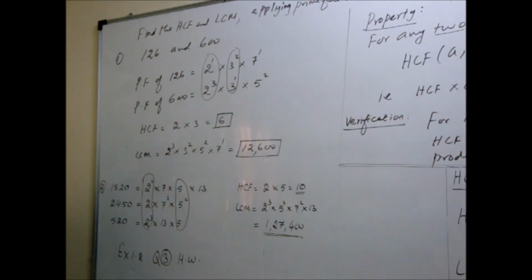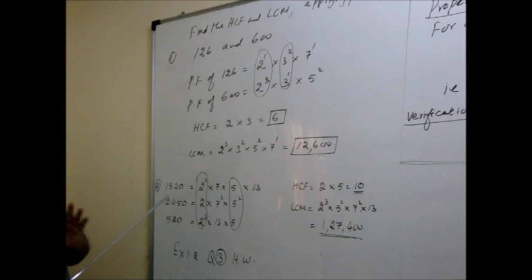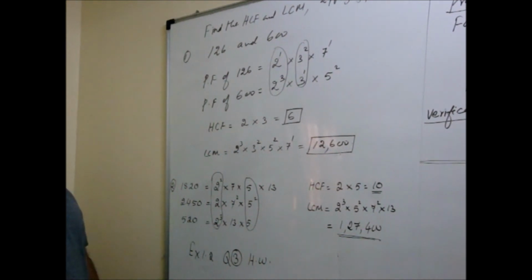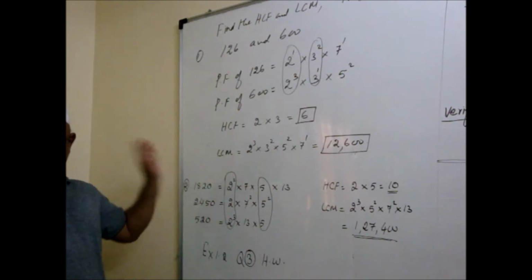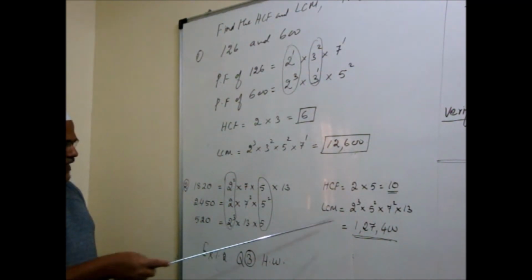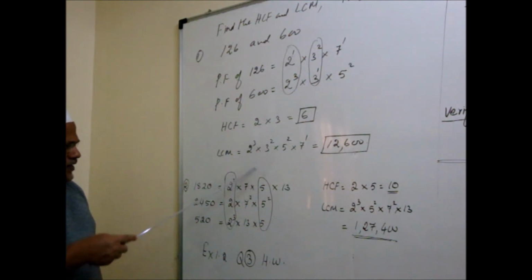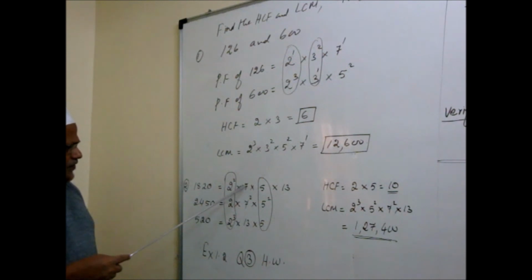But while calculating LCM, I don't see where it is common or not. I take the highest power of all varieties of prime factors available in all these three numbers. I check all the 2's, 2 cube is highest, so take 2 cube. Check the 5's, 5 square is highest, take it. 7 need not be in all three; it is here and here, no matter. So I take 7 square.